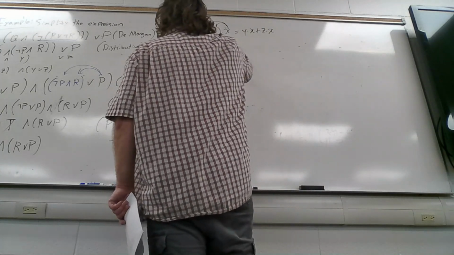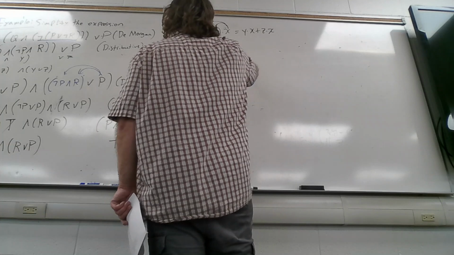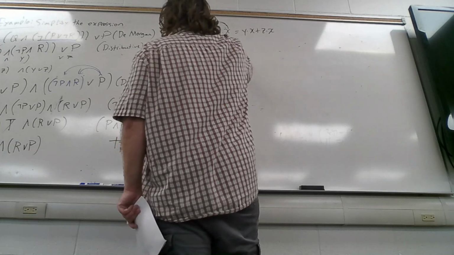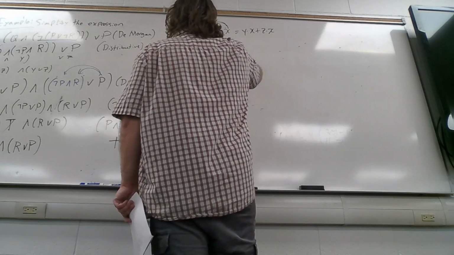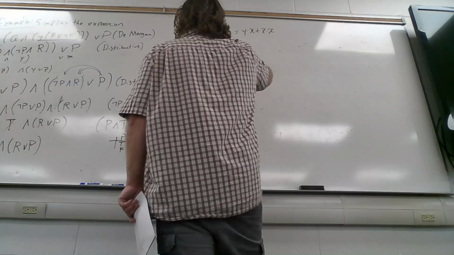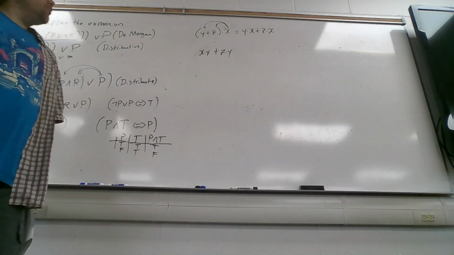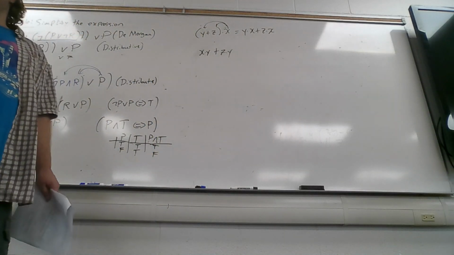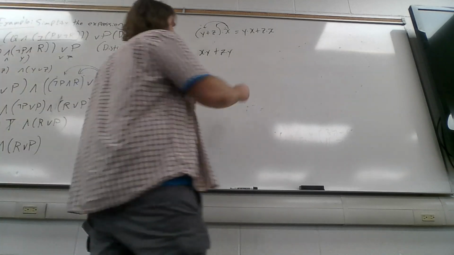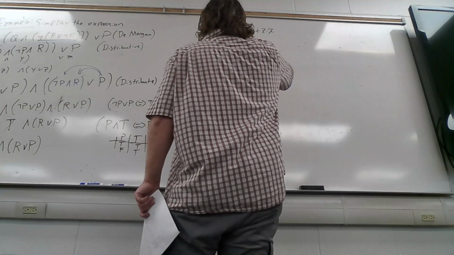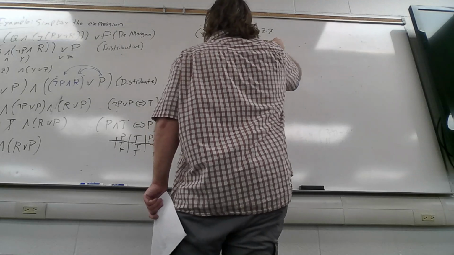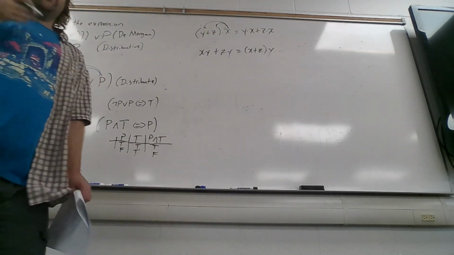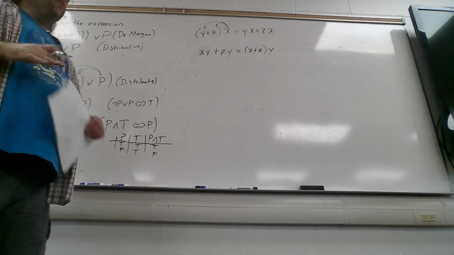If we had xy plus zy, right? We can factor out the y, right? We can pull that out and simplify this to x plus z times y, right? Sort of going in reverse. This is the same thing.